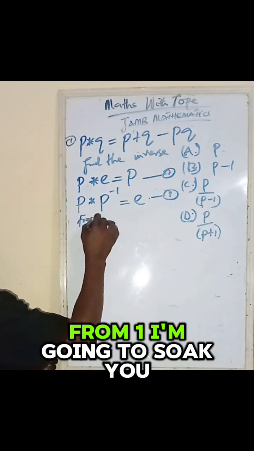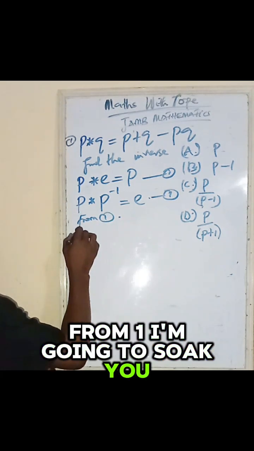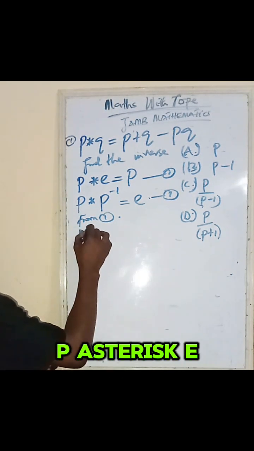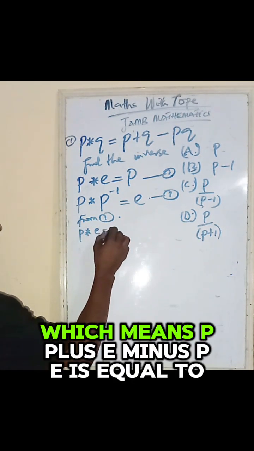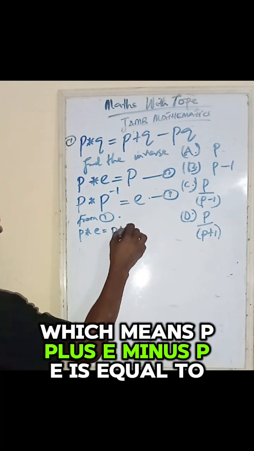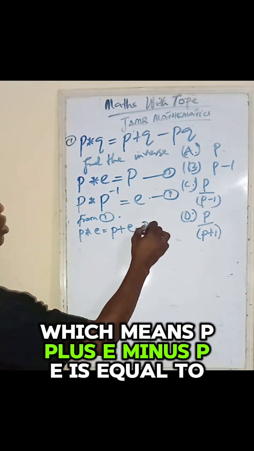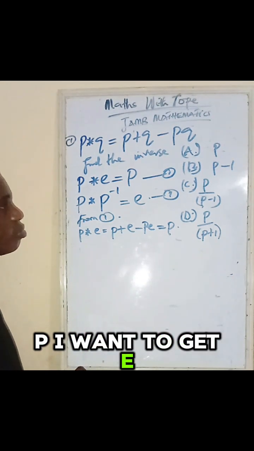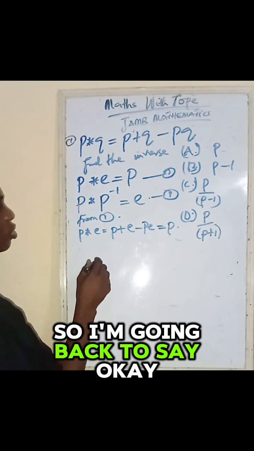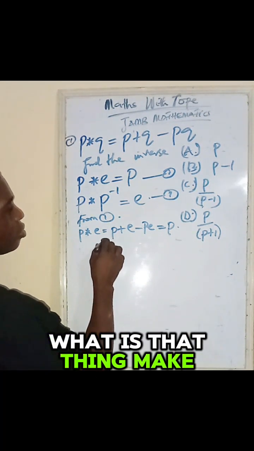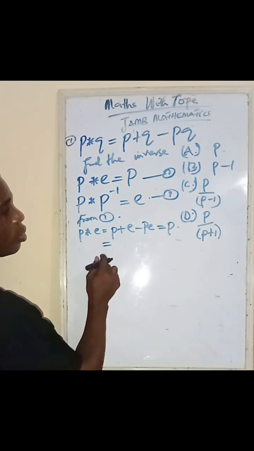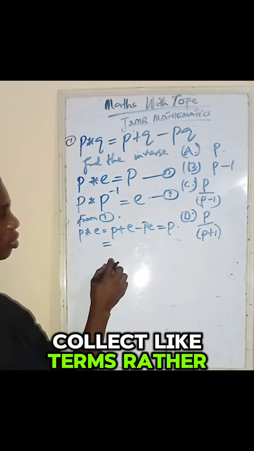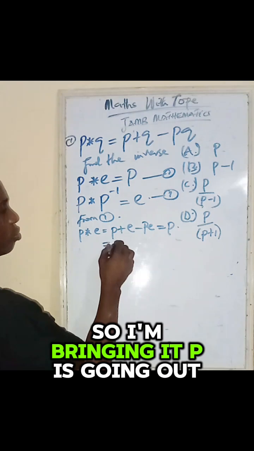From 1, I'm going to say, okay, P asterisk E, which means P plus E minus PE, is equal to P. I want to get E. So P is going out.